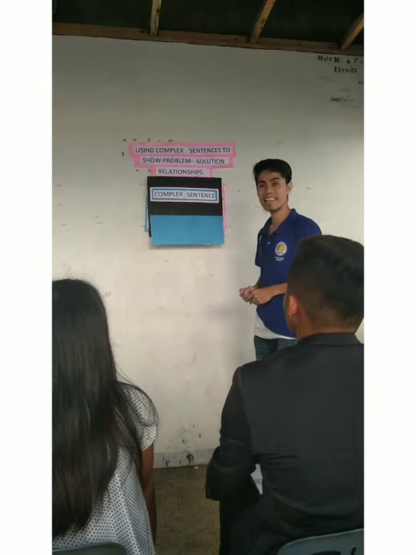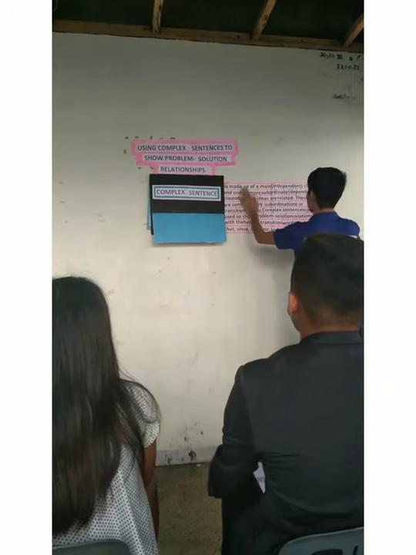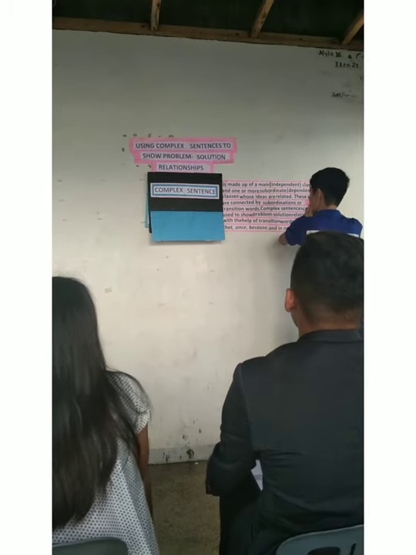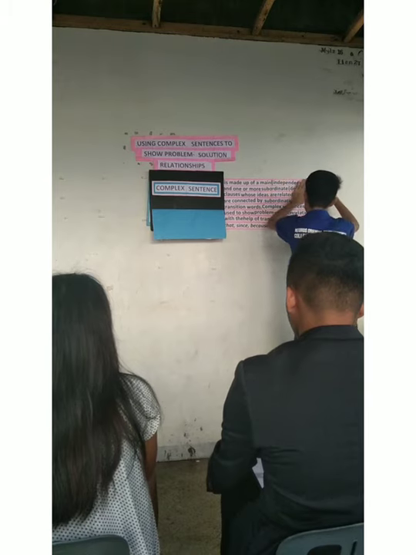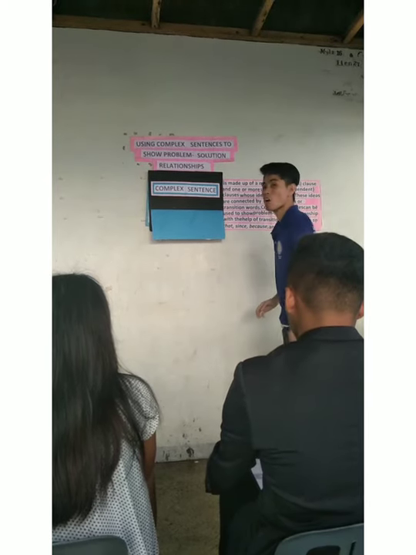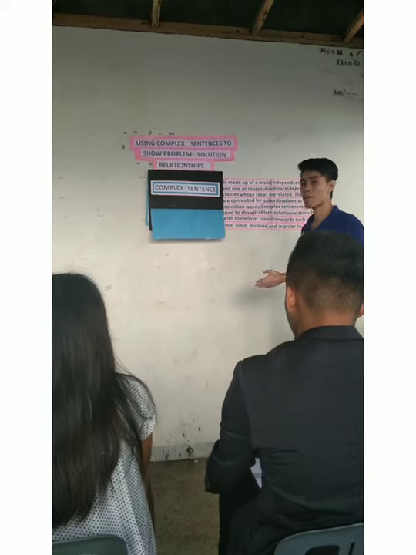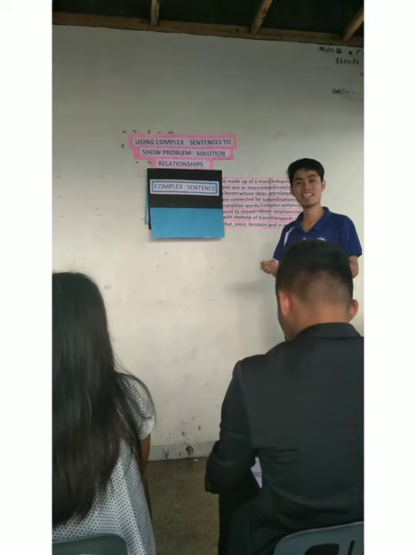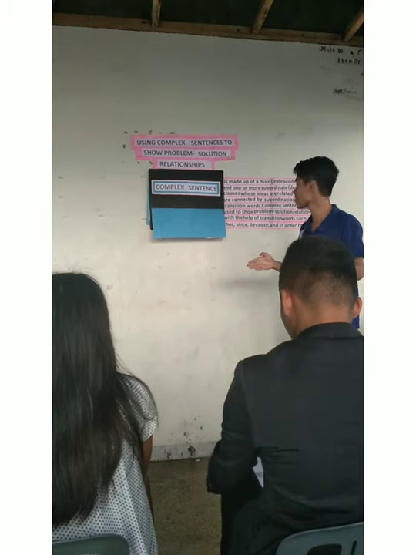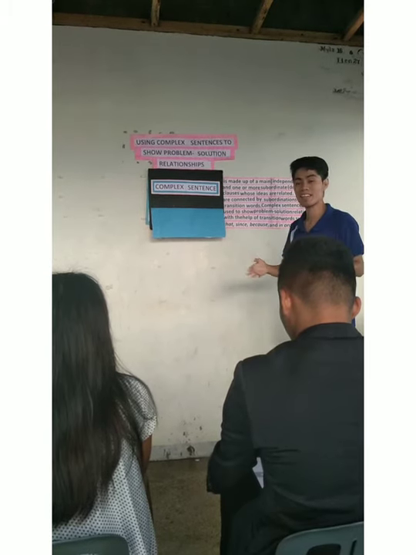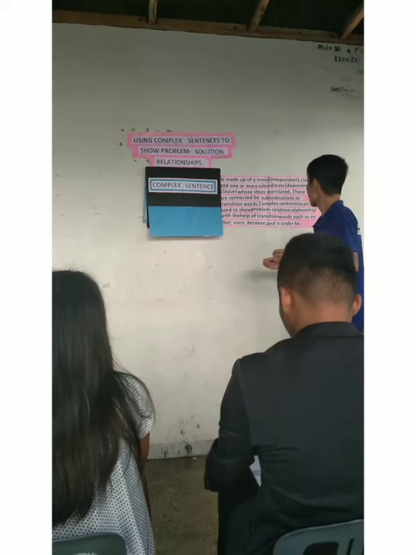A complex sentence is made up of a main or independent clause and one or more subordinate or dependent clauses whose ideas are related.